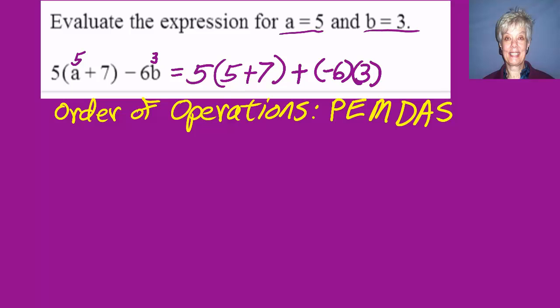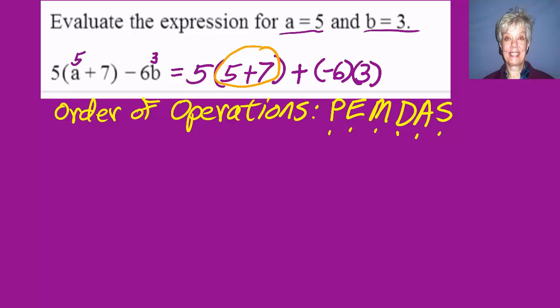Some people say, please excuse my dear Aunt Sally. Aunt Sally must be very embarrassing. Anyway, what P stands for is parentheses, and what that means for us right now is that we have to work in the parentheses first. I have to add 5 plus 7, which is 12.